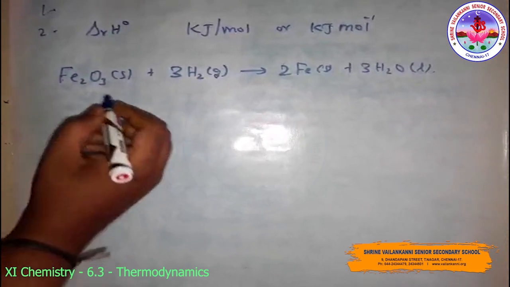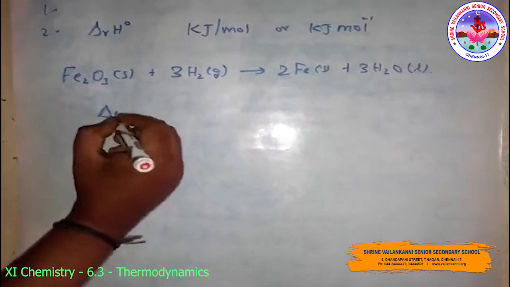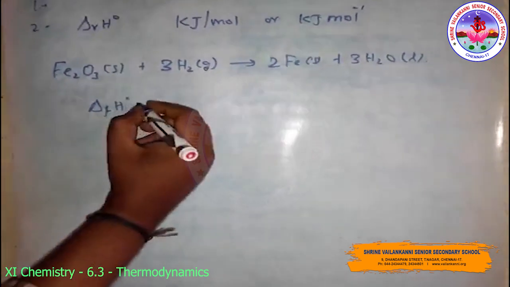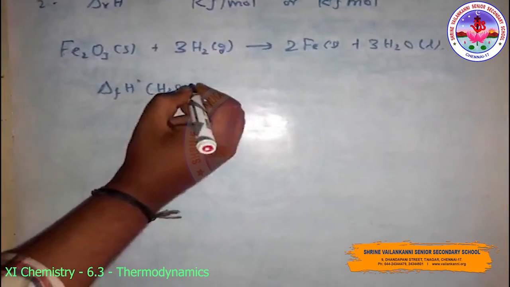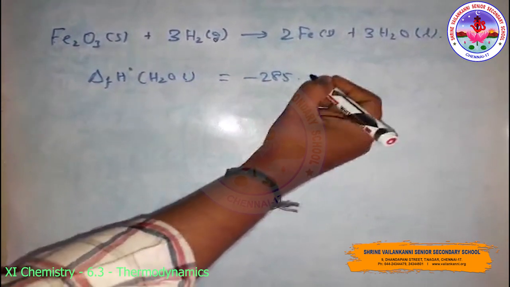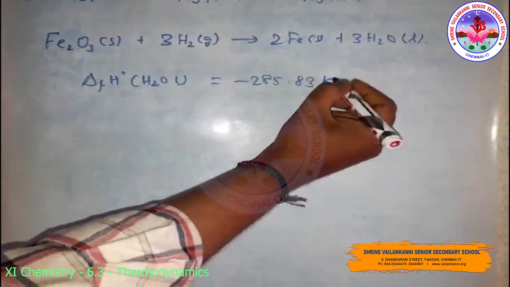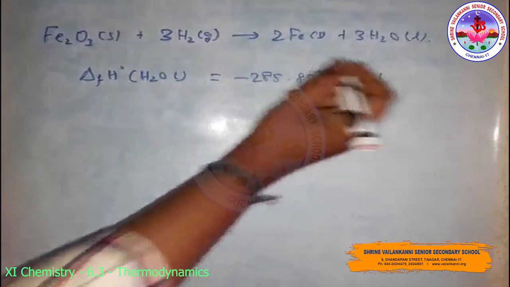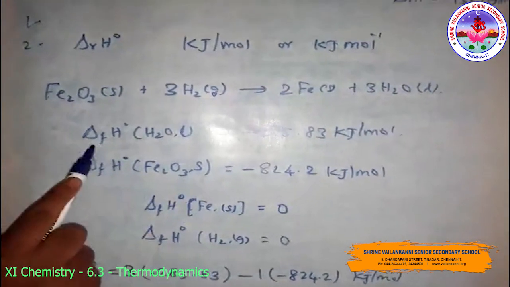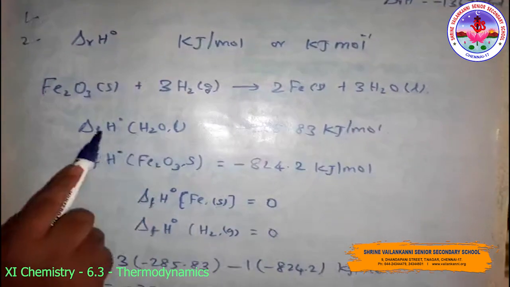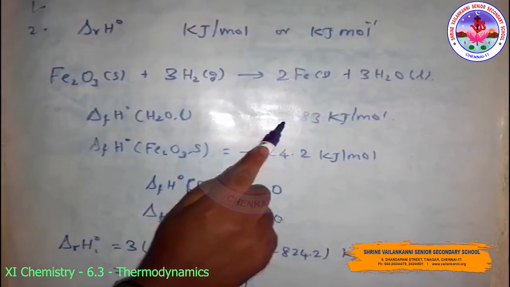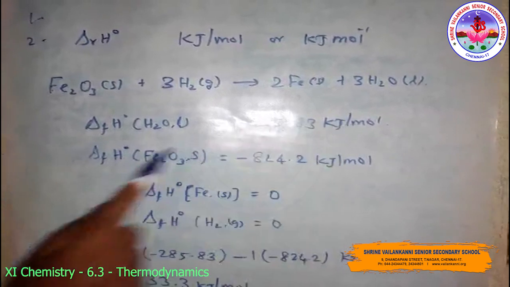The standard enthalpy of formation for water, H2O liquid, is minus 285.83 kilojoule per mole.